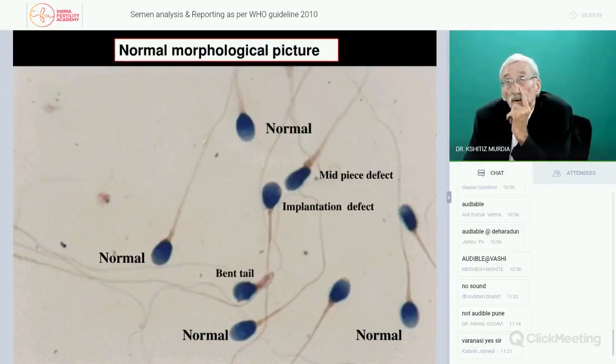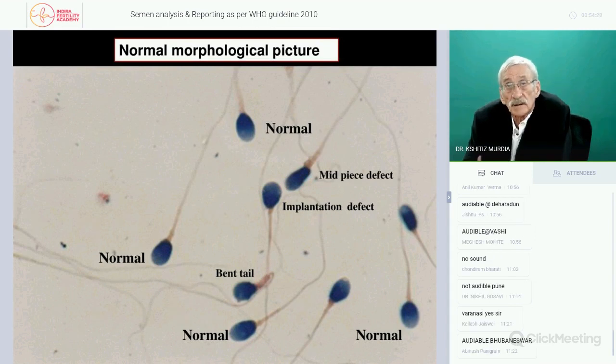So what we know is that sperm consists of 3 compartments. The head area should be oval shaped without any aberration, any little abnormalities. It should have a mid-piece that is straight, like this one, no aberration, no problem, and a normal tail.